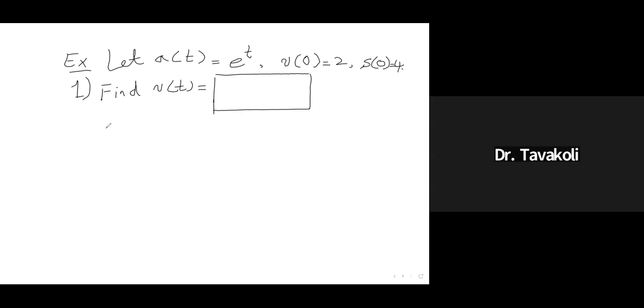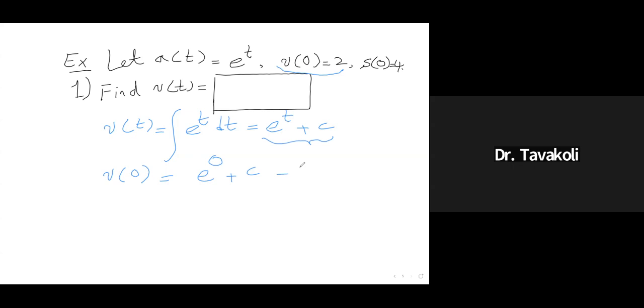As you know, v of t is the integral of a of t. A of t is given as e to the t. The antiderivative of e to the t is e to the t plus c. Can we find out what that c is? Yes, because we have v of 0 is 2. So v at 0 means e to the 0 plus c.